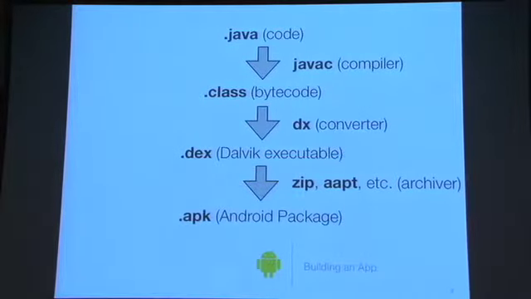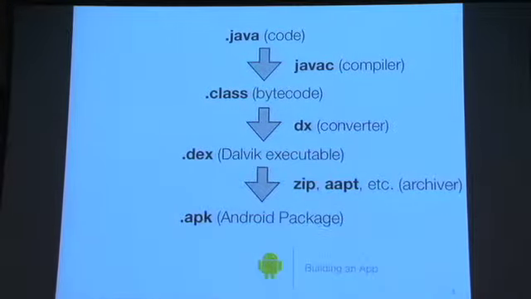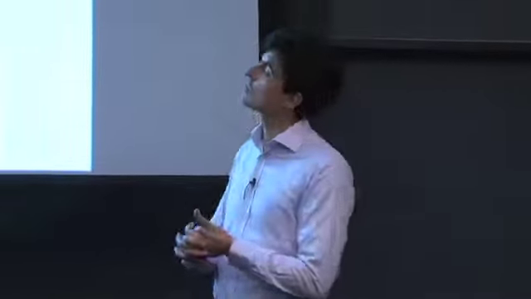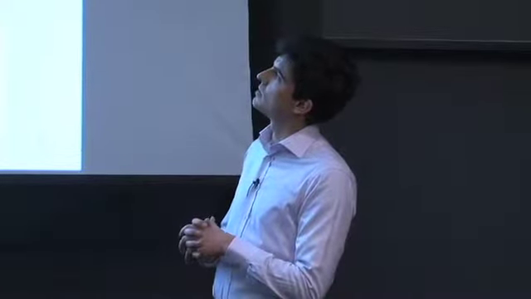So that DX step is really what takes the original Java bytecode and does some things to it to optimize it a little bit for mobile devices and for their use ultimately on the Android device. And then we get, as a result of that, a DEX file, or Dalvik executable.